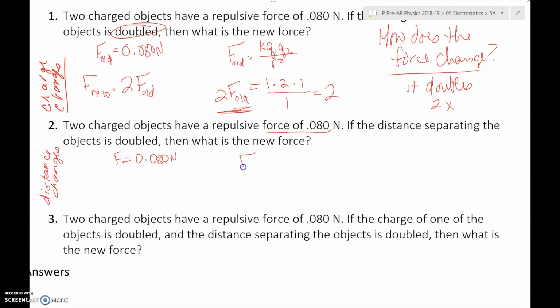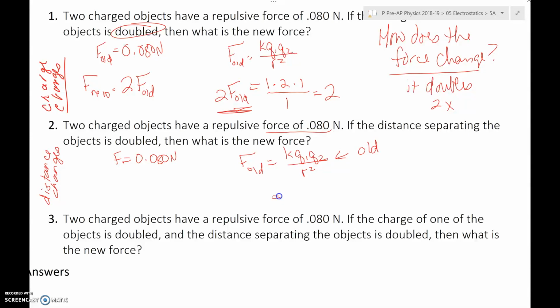All right, and that was done using this equation. These are the relationships that were used. Coulomb's constant, the product of the charges, divided by the distance squared. So we're going to see what happens to the old thing. This is our old. What happens to the old when we make a few changes?